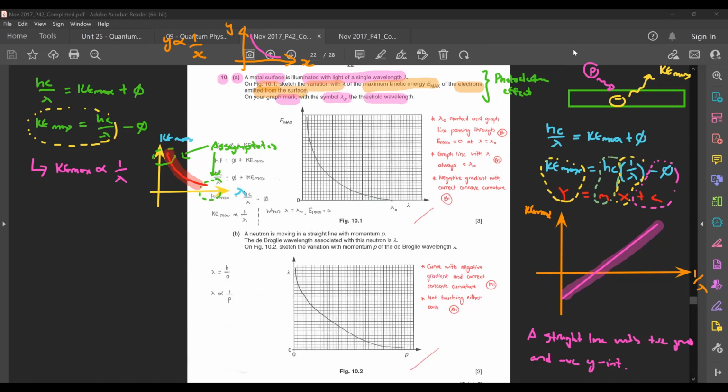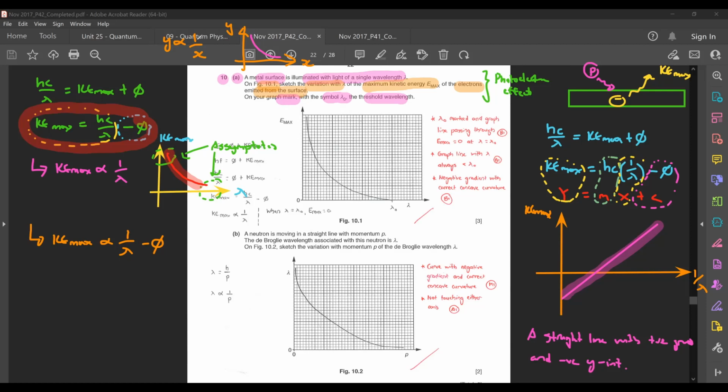Now, let's take this concept a bit further. Notice that your equation actually has this minus phi here. If you consider this whole equation, KE max equals hc times 1 over lambda minus phi, you consider what you've also learned in maths.